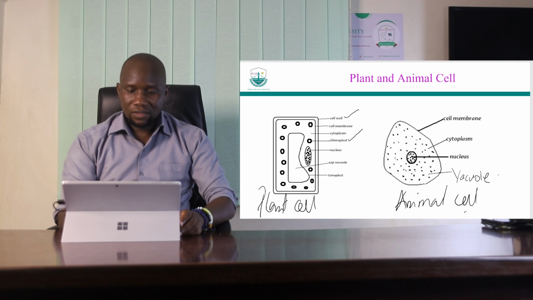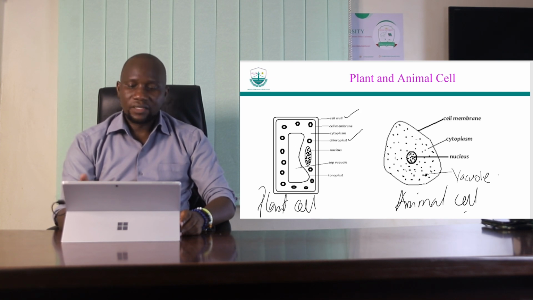The nucleus, we have it here and here. The sap vacuole, yes, we have the vacuole, but in animal cells it is usually very small, sometimes with only a few, yet here we have a large one. Tonoplast, no, we don't have it on this side.